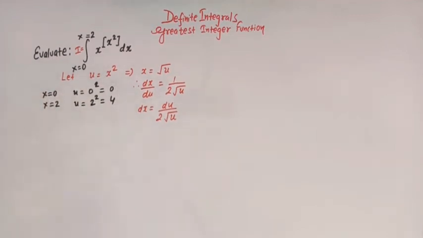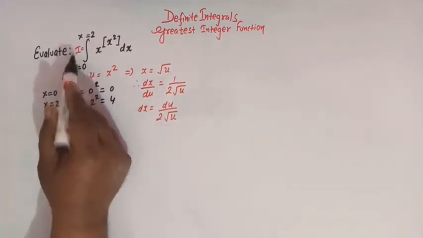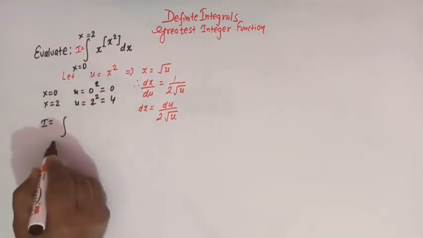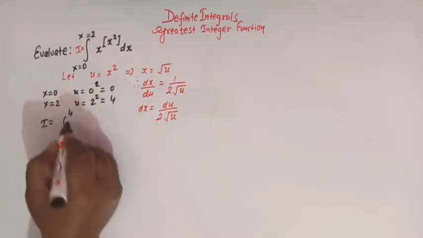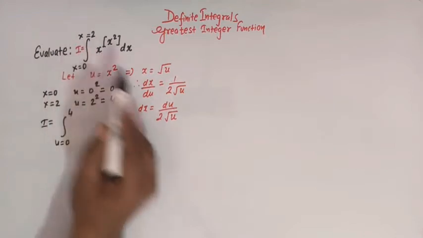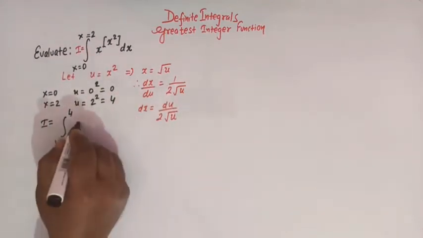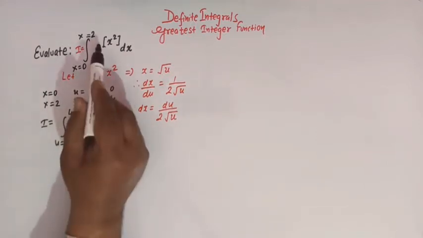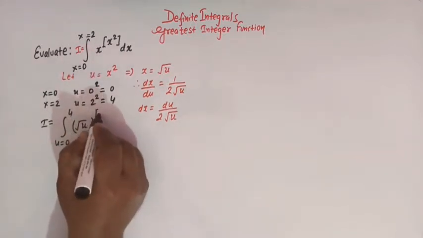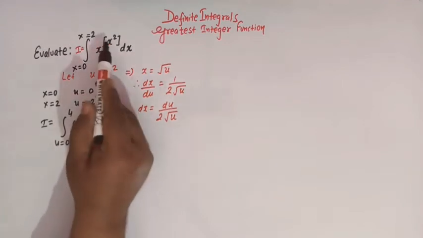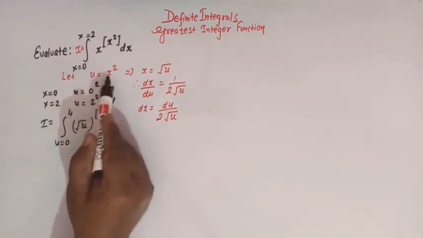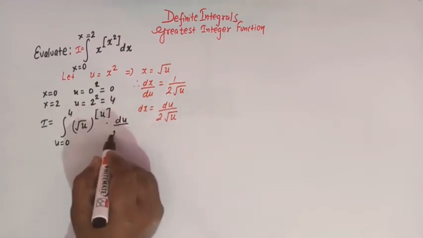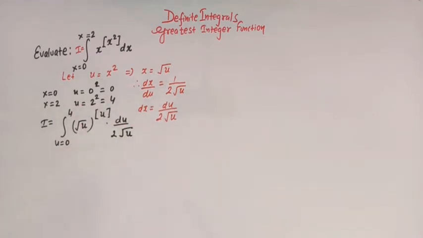that is 4. So now this integral I can be written as the integral from u equal to 0 to 4, and for x we have square root of u, raised to the power greatest integer u, because x square is equal to u, and for dx we can write du over 2 times square root of u.